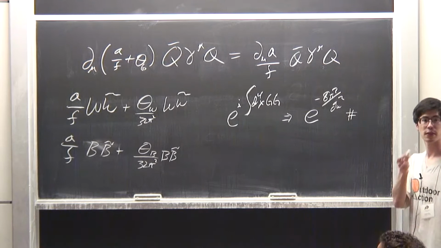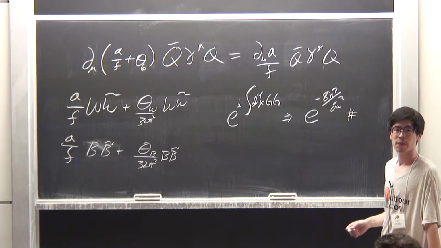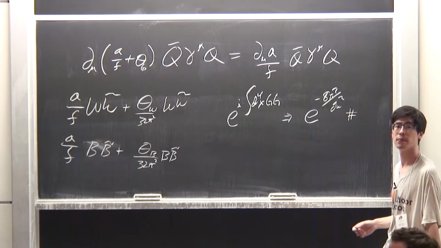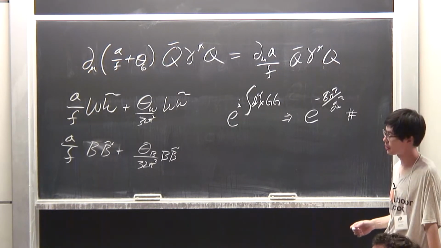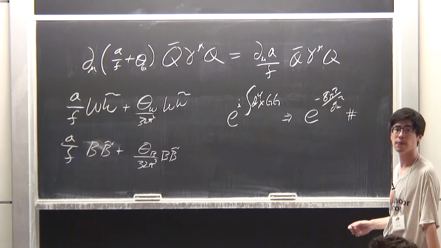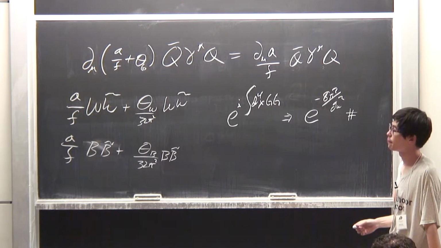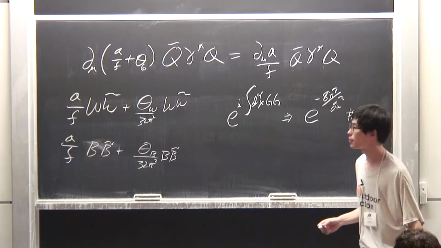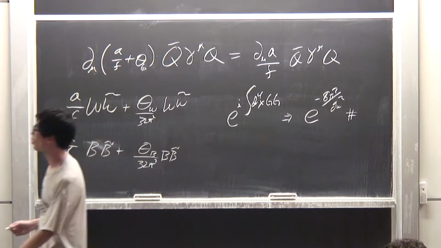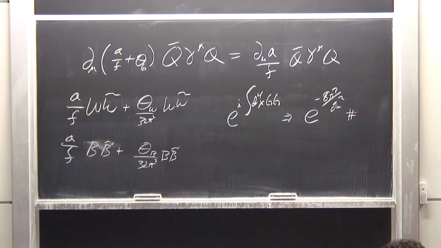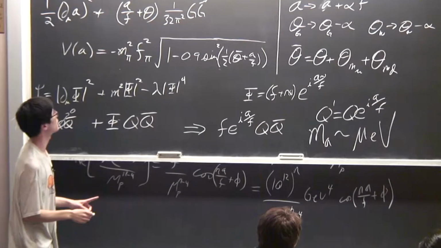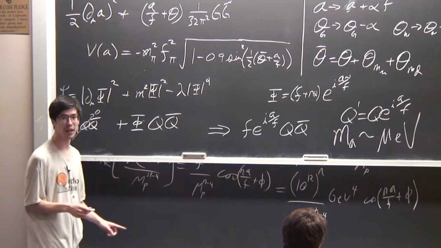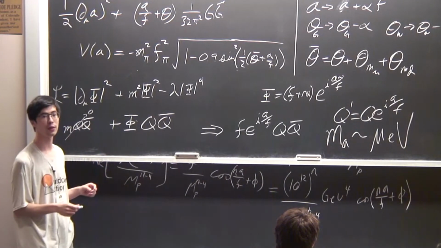Here, our approach is that we corner the theta into the phi, the A over F. So if you're wondering what happens if I do a field redefinition to get rid of theta, what can happen is you can also do a field redefinition to push A over F to the mass terms of the quarks.